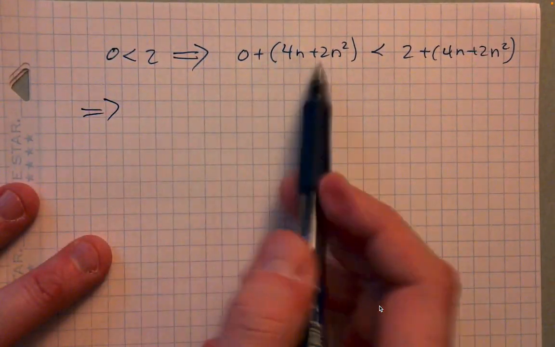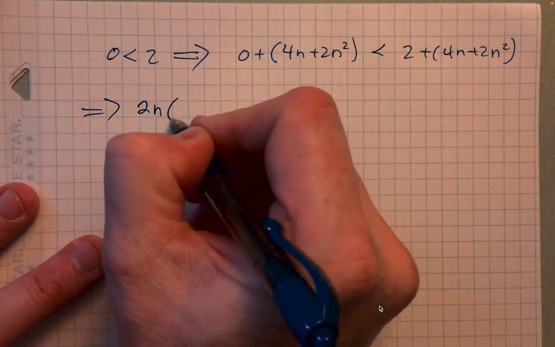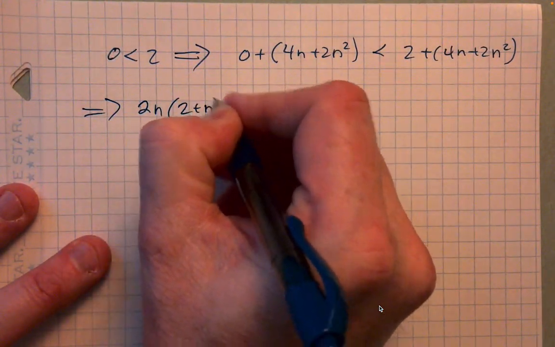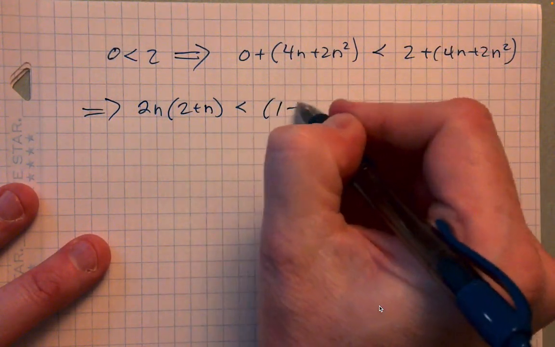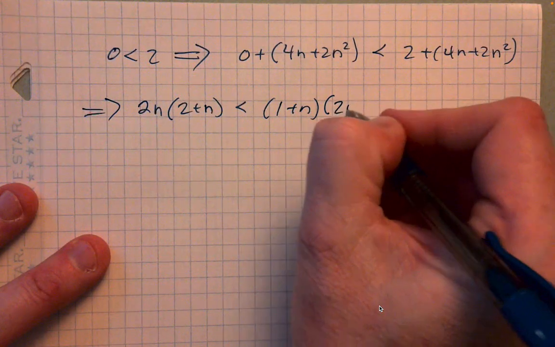And we can do some factoring here. So I've got 2n times 2 plus n. That'll still be less than what I have over here, which is 1 plus n times 2n plus 2.